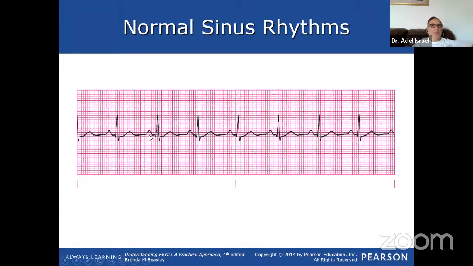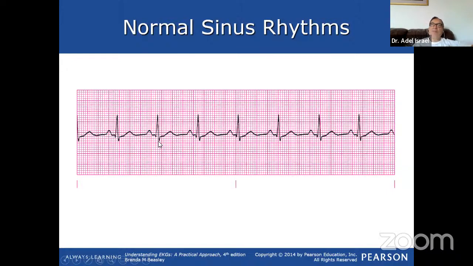So in this case, what is the P in this situation? It's smooth. Yes, it goes over smoothly. Upright, in the positive. Upright means positive. Very good. So smooth, upright or positive, correct? And each P wave precedes a QRS.